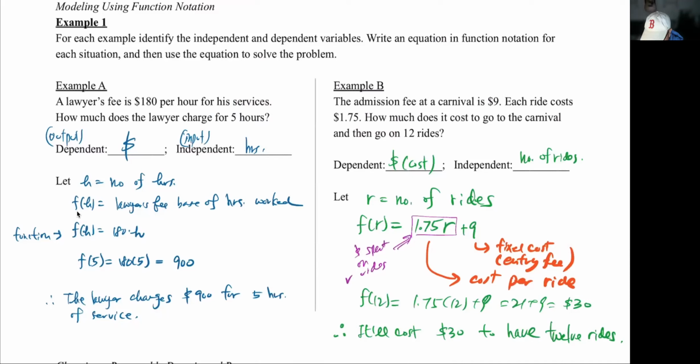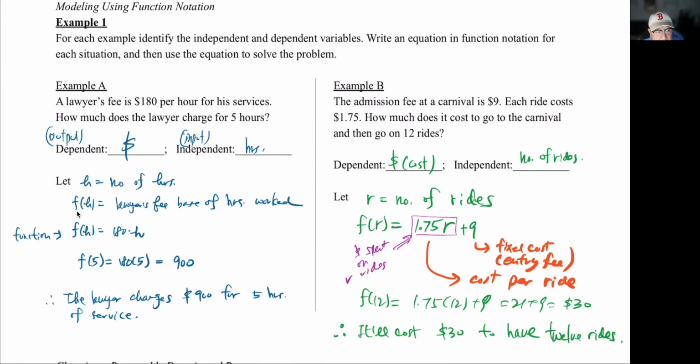Okay. Now, if you go on 12 rides, you plug in 12 over here, which I did. And when you go through the calculation, 12 times $1.75 is $21, and then plus 9 gives you $30. So it's $30 to have 12 rides.